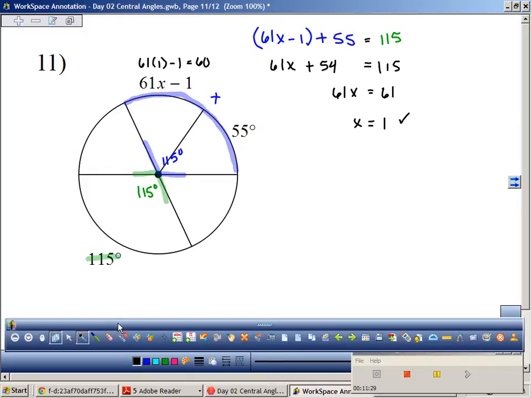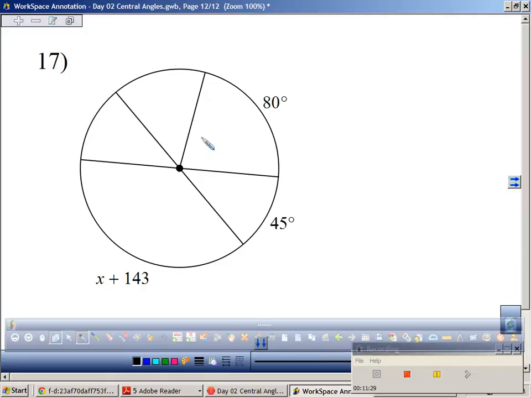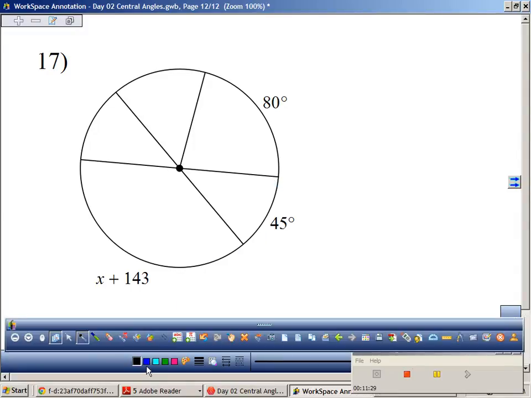I've got one more to do with you, and I'm going to send you off on your own. All right, number 17, same type of problem, solving for x. Okay, this time I've got 180 degrees here, but that's not a vertical angle. What else do I have? I have 45 degrees here.